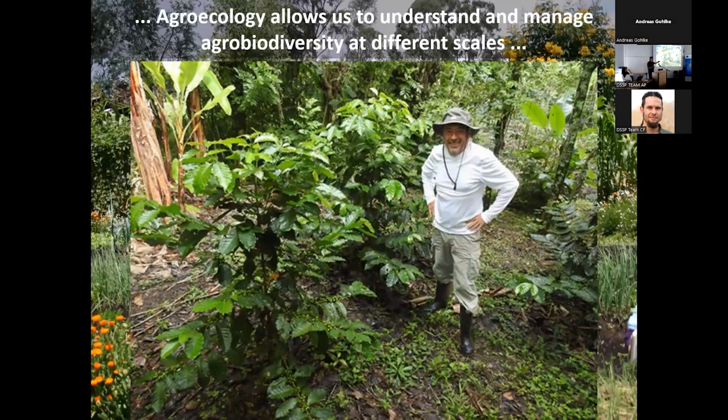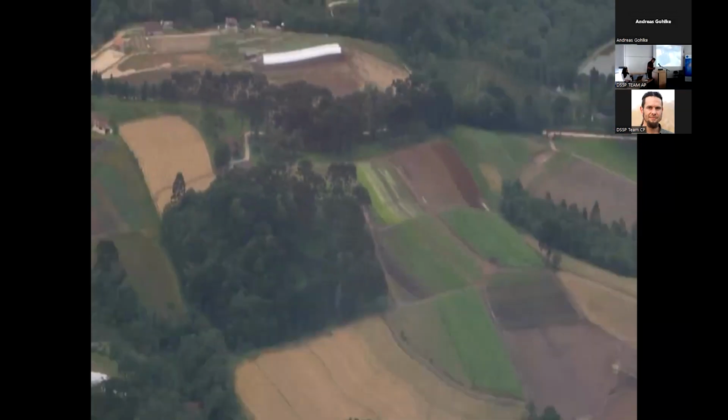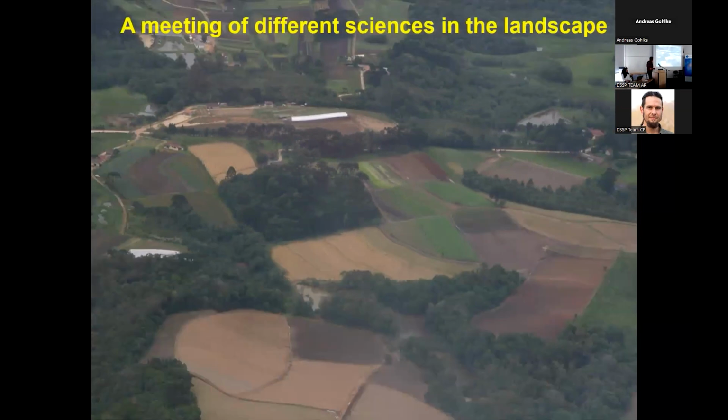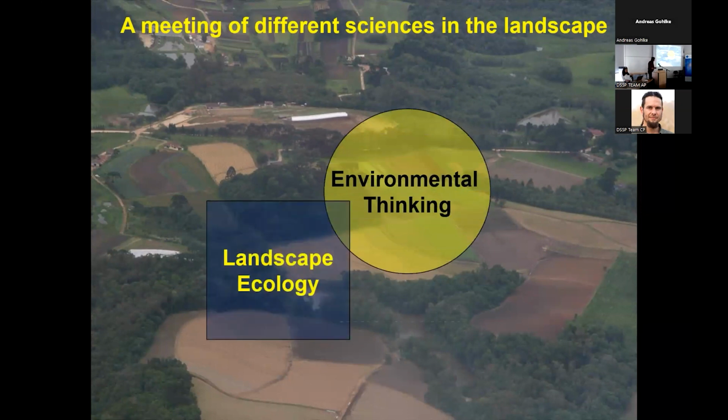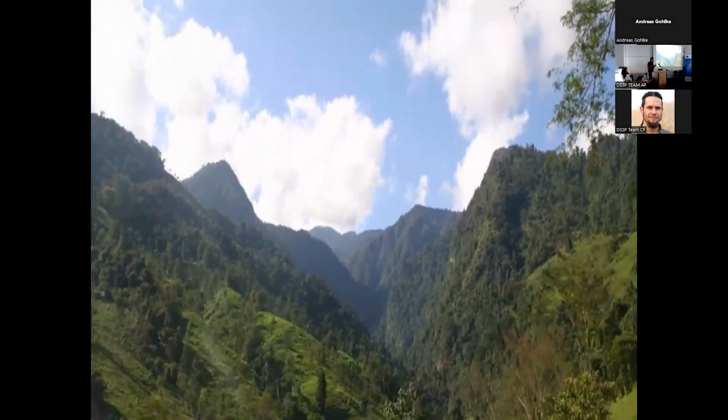This is Professor Miguel Altieri, one of the most important scientists related to agroecology. But you can also study agroecology in the landscape, where agroecology has an encounter with environmental thinking, landscape ecology, and agroecology. But before continuing, we must pose another question.